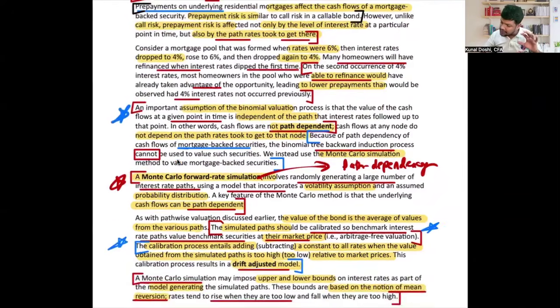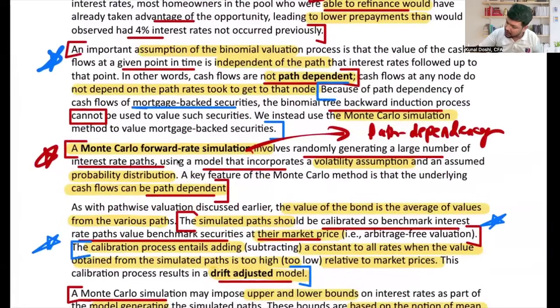Related to this, I just want to discuss the path, as it may be asked in your theory. An important assumption of the binomial process is that the value of the cash flow is independent of the path. So it's not path dependent, correct? But mortgage-backed securities are path dependent. Path dependent means their cash flows will change based on the direction of the interest rates.